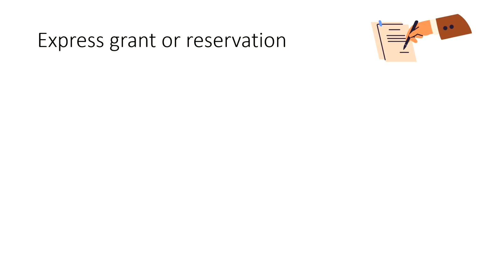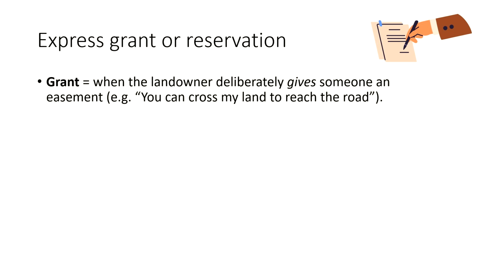Some of the other methods can be unintentional as well, but this one is the most complex and formal one, I think, and so it is a bit more difficult to do as a layperson. You will likely require a solicitor to help you with that. We distinguish between grants and reservation.